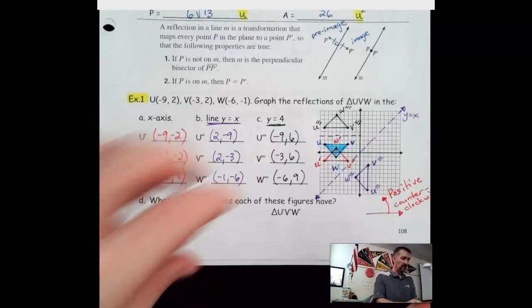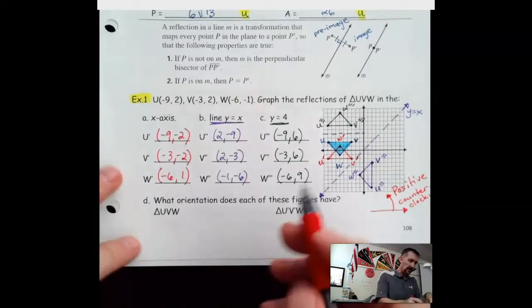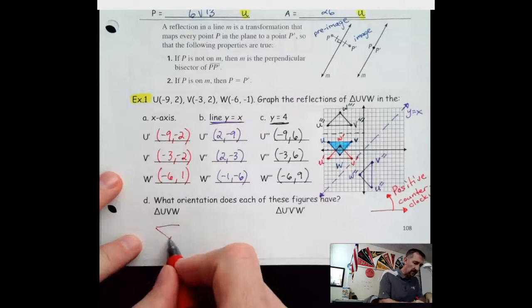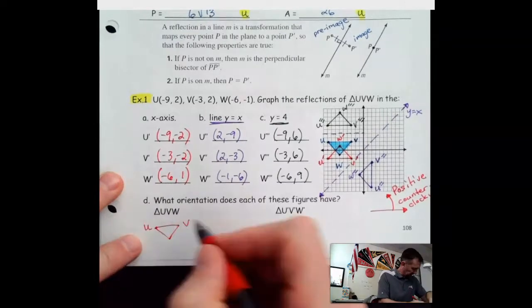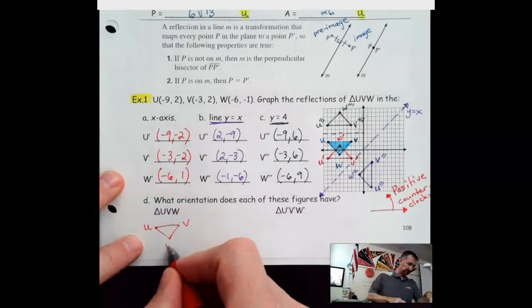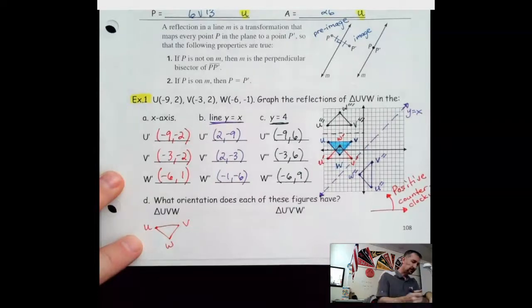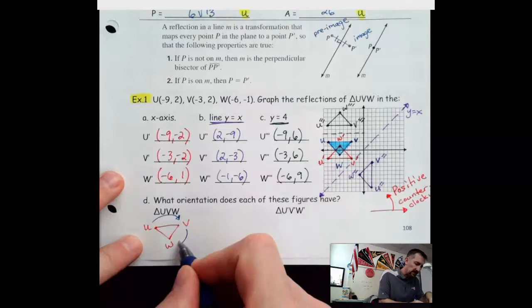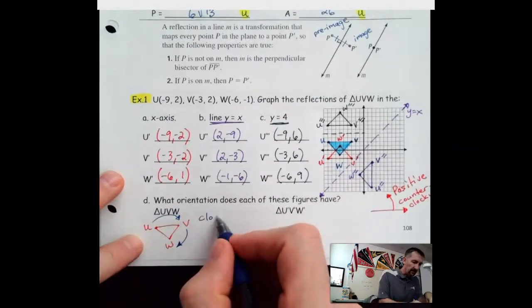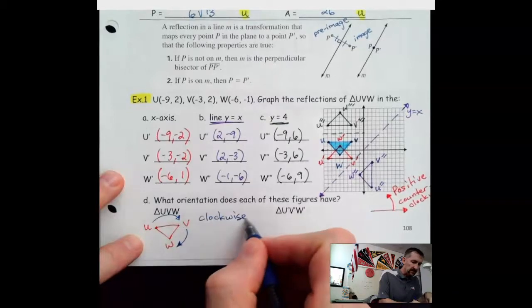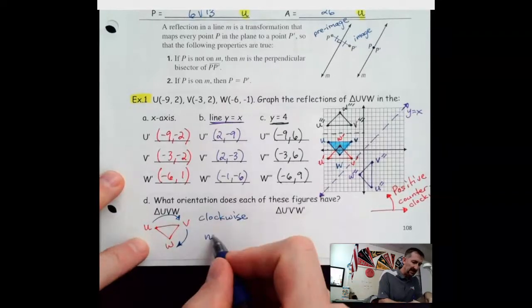All right, so if we look at U, V, W, going from U to V to W like that, that's clockwise. Okay, and so if something's going clockwise, that has a negative orientation.